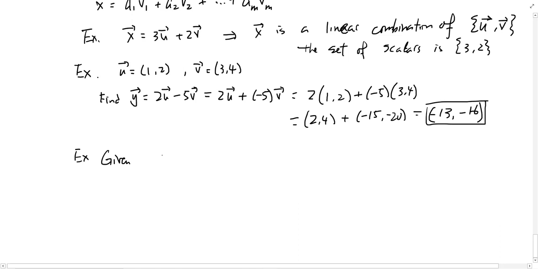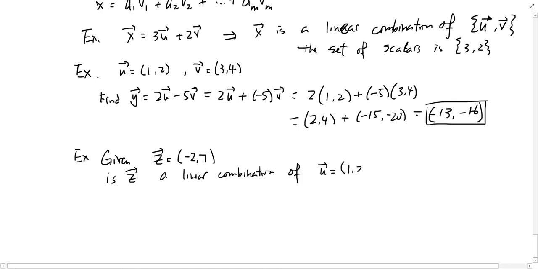Let's keep it simple and just do vectors in R2 for now. Let's say I have the vector z, which is (-2, 7). Is vector z a linear combination of vector u, which is (1, 2), and vector v, which is (3, 4)?